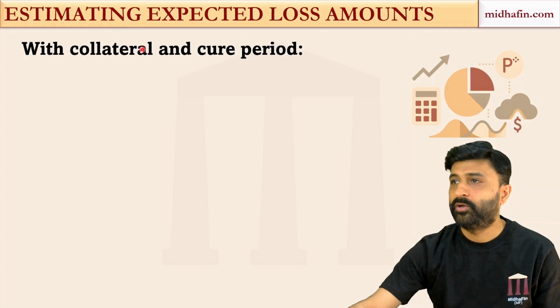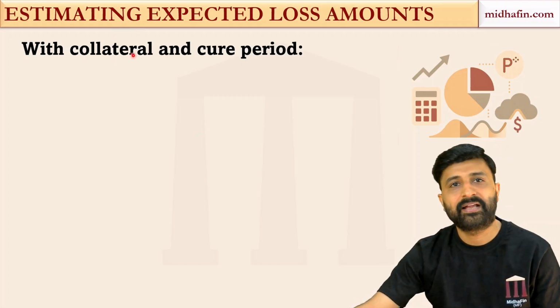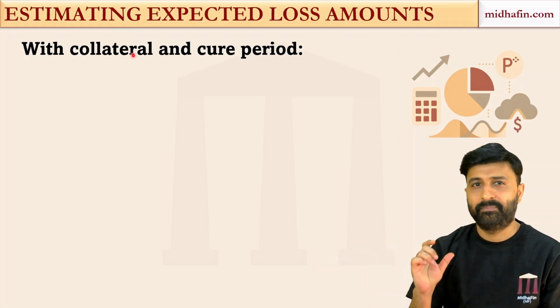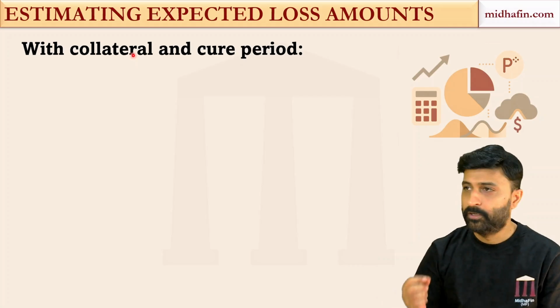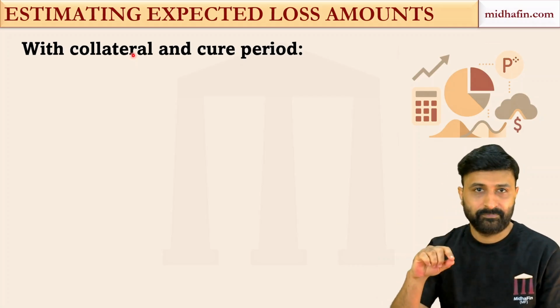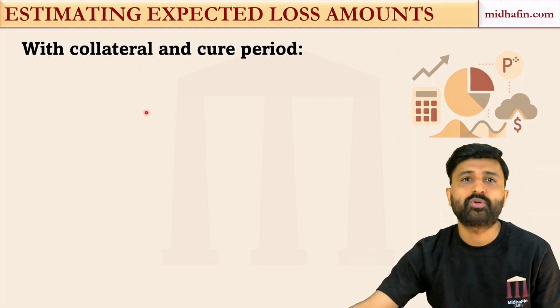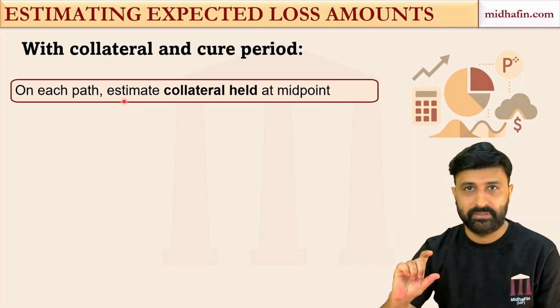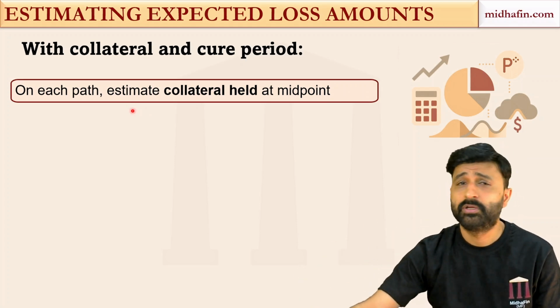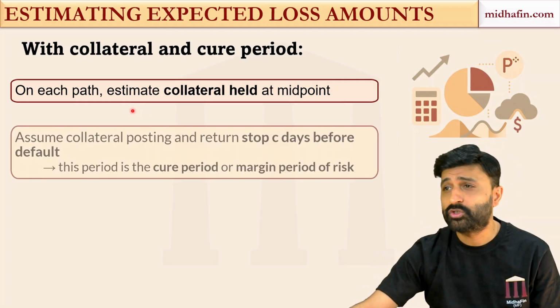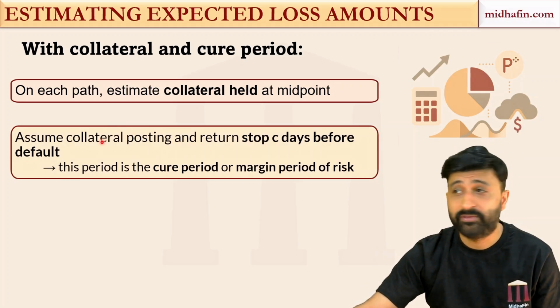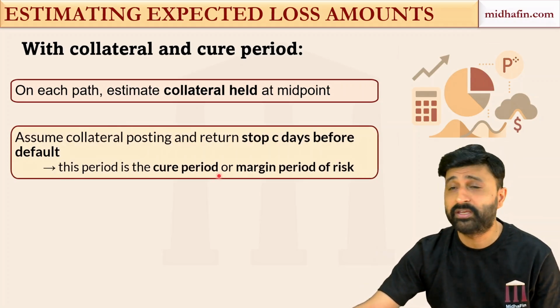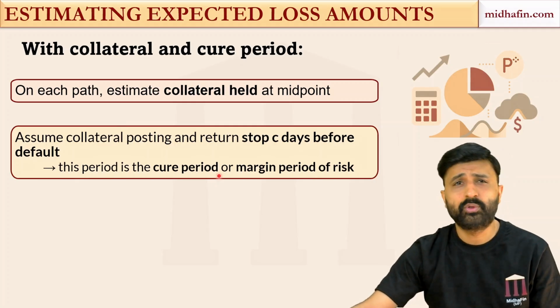Now, when collateral is involved, things change slightly and become a little more complicated. So with collateral, we add another layer. We estimate how much collateral would be held at the midpoint if a default happens. We assume collateral posting and returns stop just a few days before default, let's say C days before default. That's called the cure period, usually 10 to 20 days.